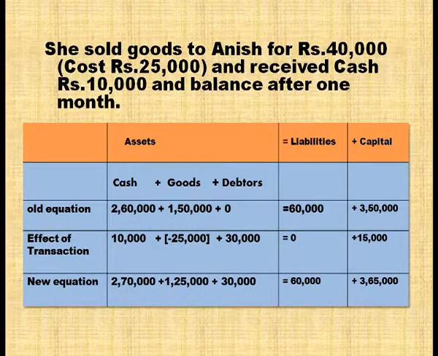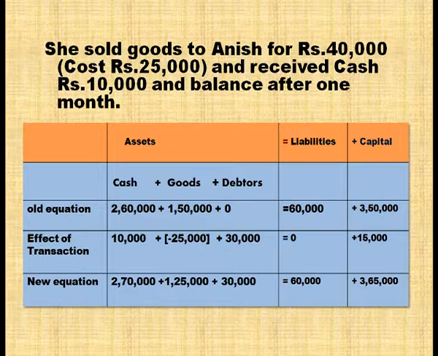Accounting equation is satisfied. Sold goods to Ashish for rupees 40,000. Cost price of that goods is rupees 25,000 and received cash worth rupees 10,000 and balance is received after 1 month. Earlier accounting equation is given and the effect of this transaction is in this way. In the goods column, deduct the cost price worth rupees 25,000 because goods are going when goods are sold, and cash is coming inside the business for rupees 10,000.